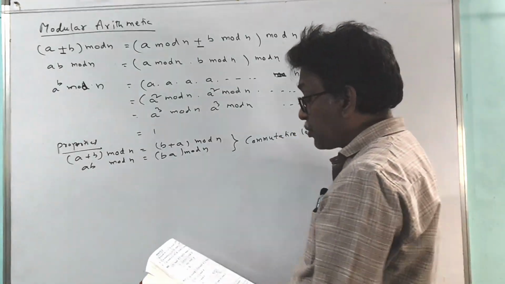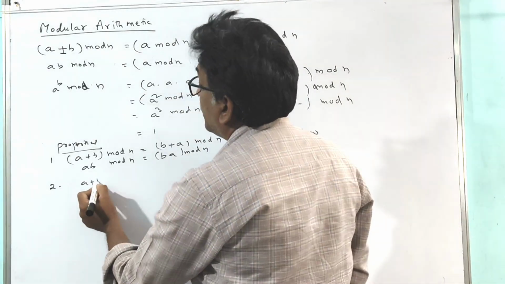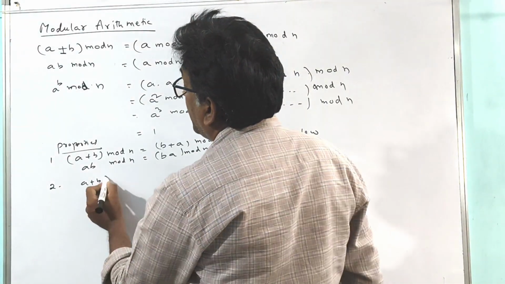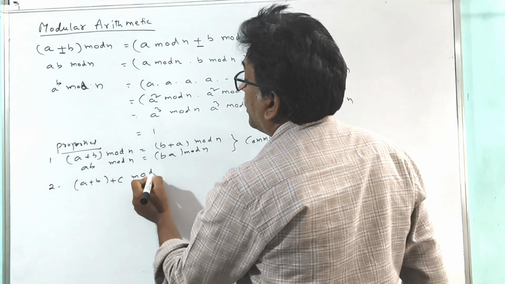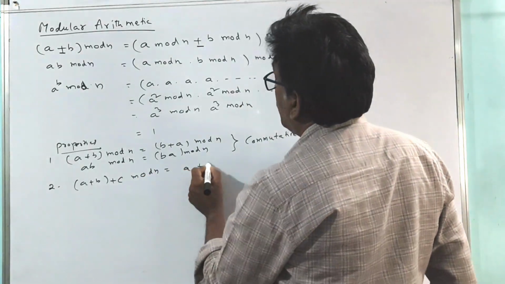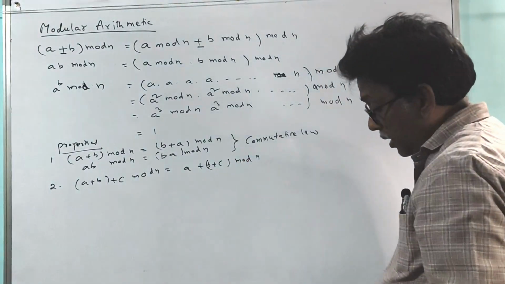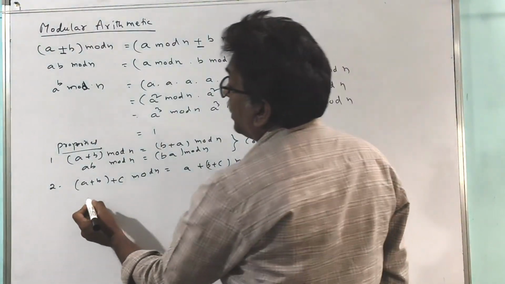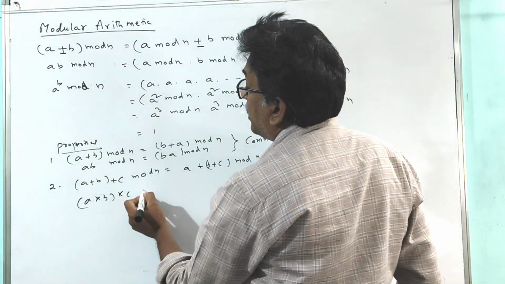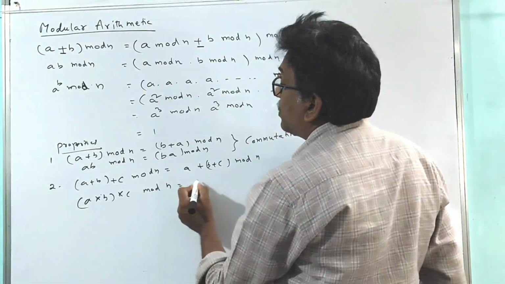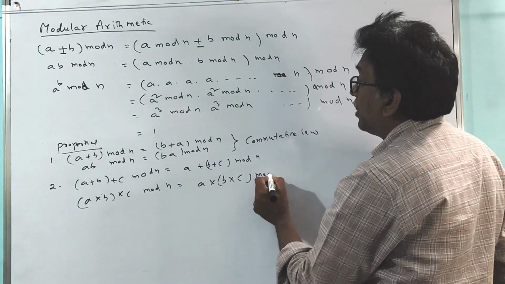And the second property is the associative law. (a plus b) plus c mod n equals a plus (b plus c) mod n. Okay. Similarly, we can apply (a into b) into c mod n equals a into (b into c) mod n.